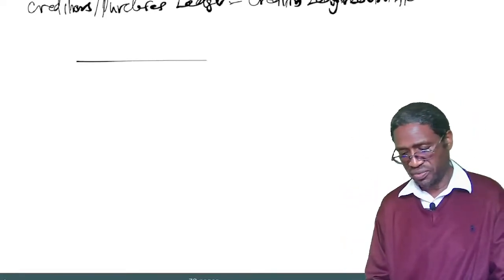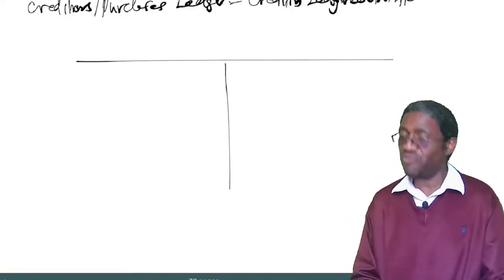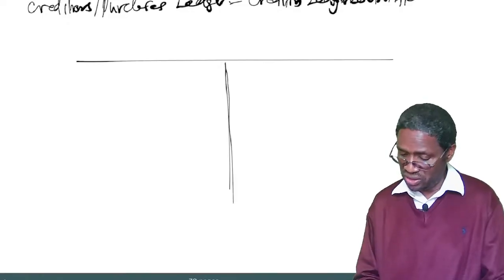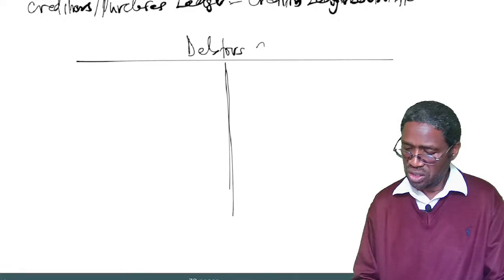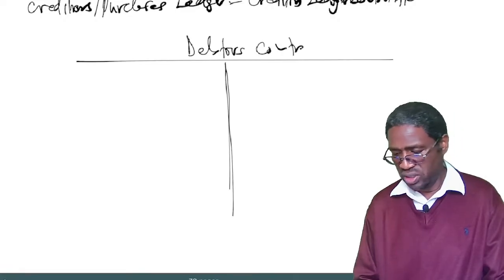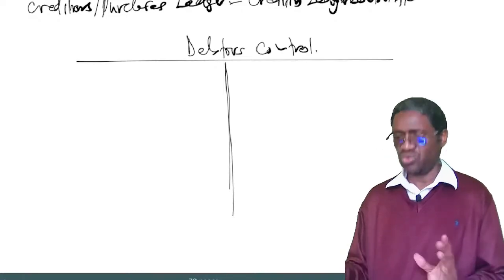Listen now. What you do for the debtors ledger, for all your debtors, you open an account called debtors control account. Debtors ledger control account or debtors control account, whichever you call it.